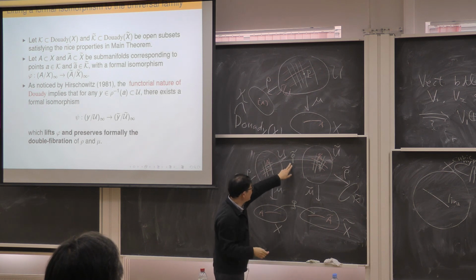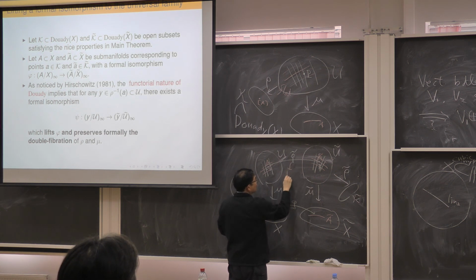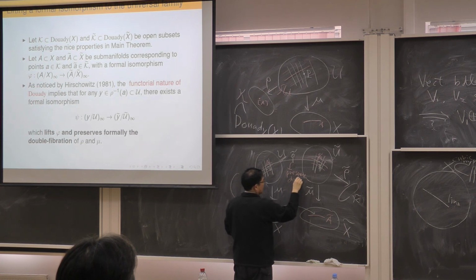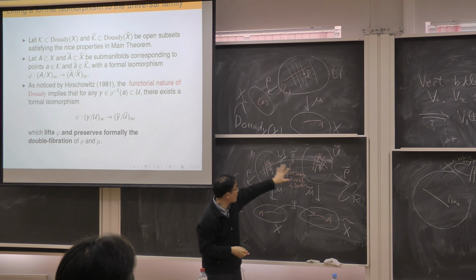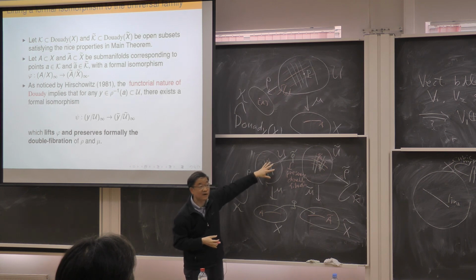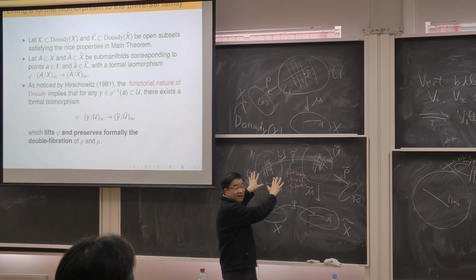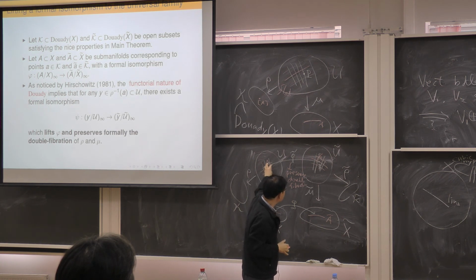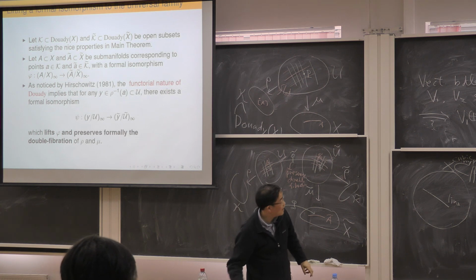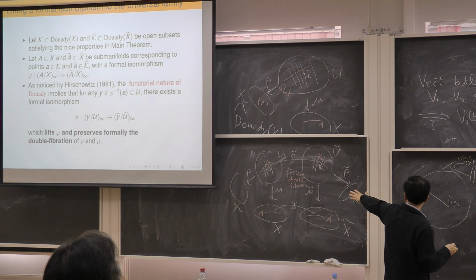So this phi tilde preserves the double fibration in the formal sense. These two spaces are equipped with double fibrations, and this formal isomorphism preserves the double fibration infinitesimally.